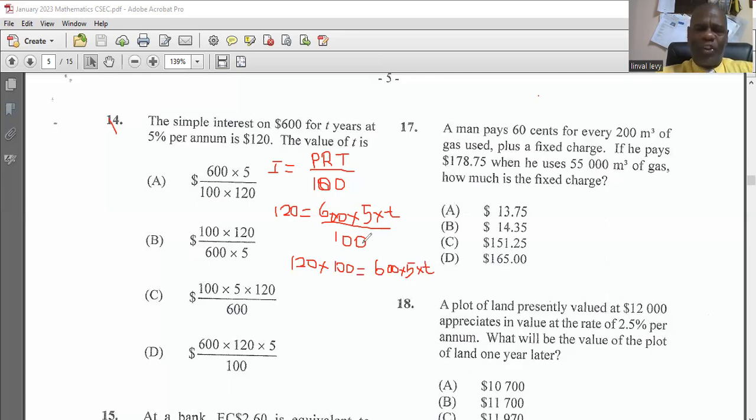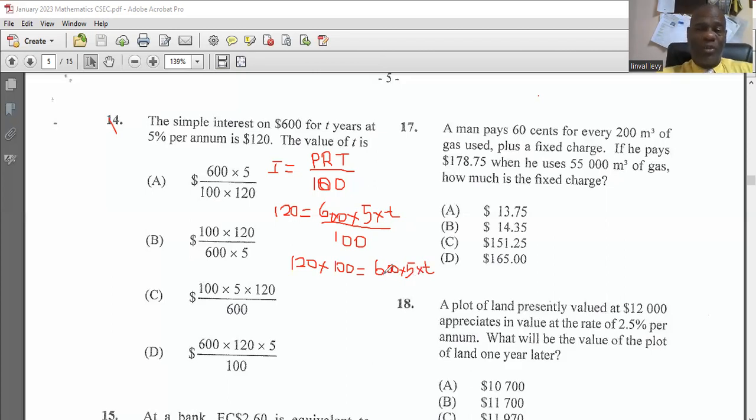Now, what will happen? The 100 will cancel out. All right. So this 100 will cancel because I'm multiplying both sides of the equation by 100. So if I multiply the right hand side by 100, it's going to cancel out, right? So I will be left with just 600 times 5 times T.